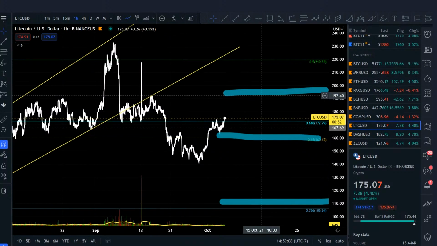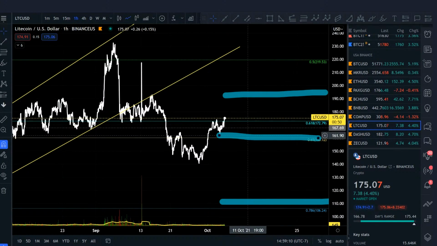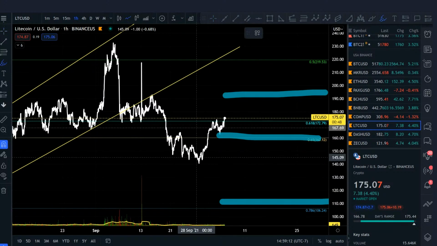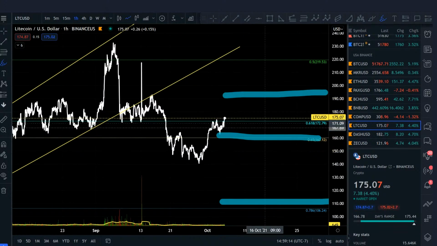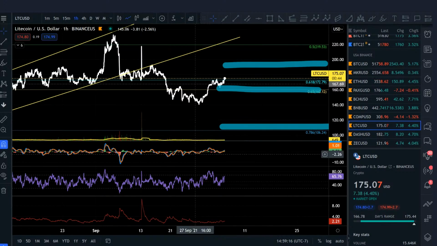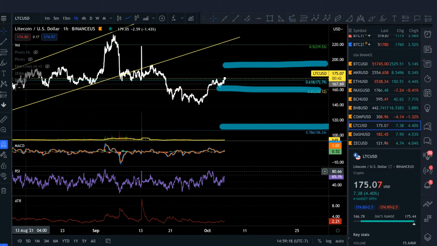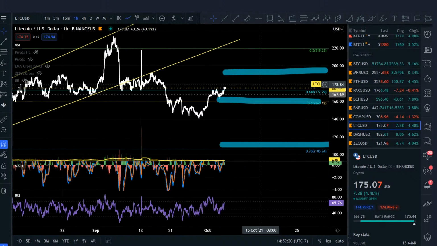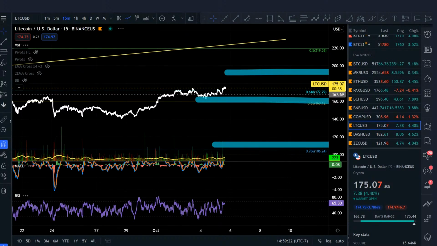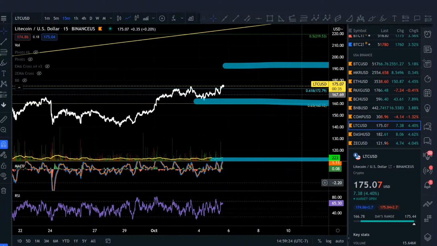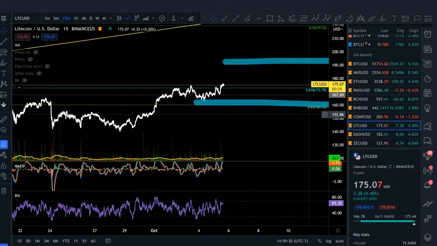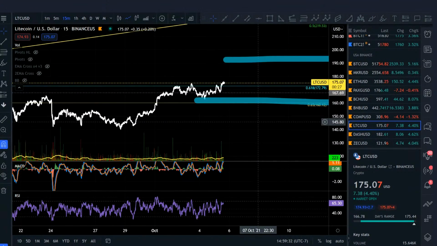Our resistance is 192 on the top side. This could be a setup like that. It's possible. Turn the ATR off. But it's all dependent on Bitcoin right now. If Bitcoin all of a sudden stops and reverses tomorrow, like Chicago traders and New York traders say, oh, we're done and we're going to short it down, you might see a quick reversal down.